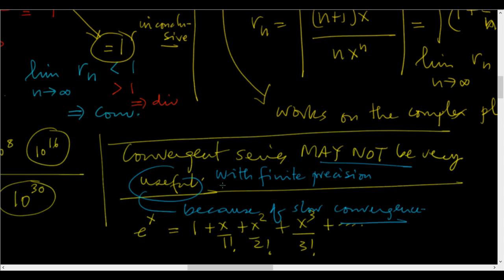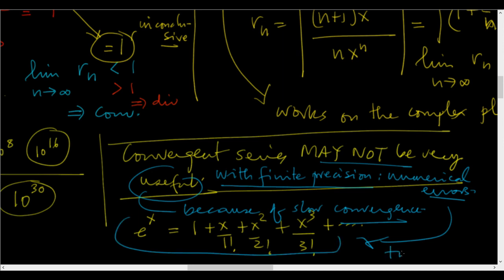Additionally, with finite precision, we can have numerical errors. So in this example, for the exponential case, try x equals minus 40 and see on a computer. Okay, so these are some things about convergent series.